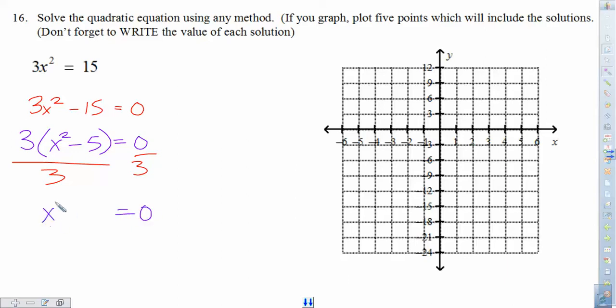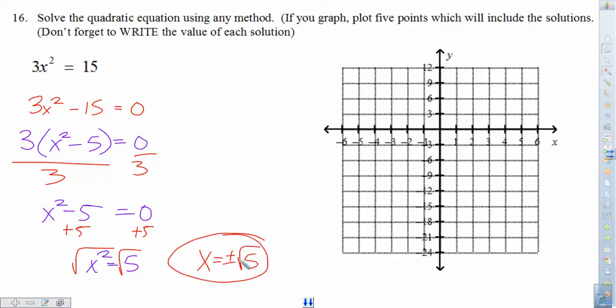And then we'd have x squared minus 5. But this is very similar to the method that we just did. We could add the 5, and then we'd have x squared being equal to 5. Time to take the square root again. And then sure enough, here's our answer that we had just a couple of seconds ago of plus minus the square root of 5. Okay?